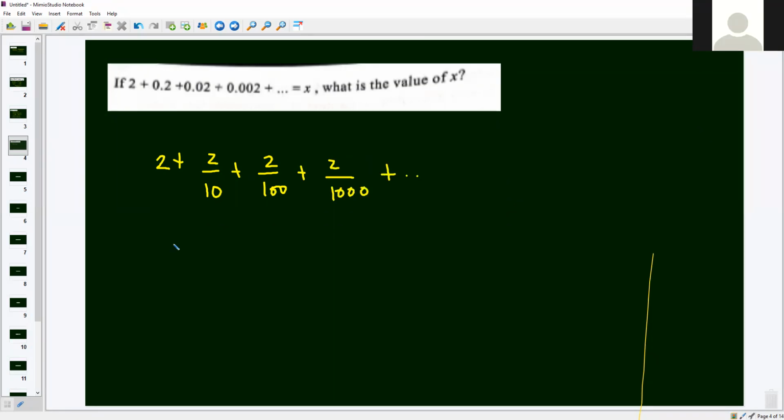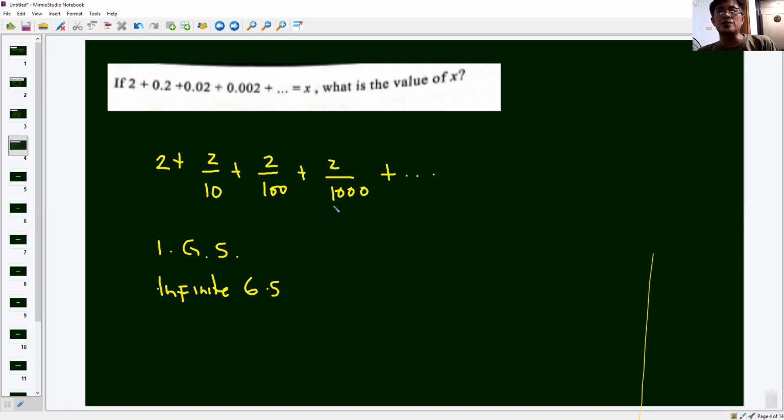You know, this is an infinite geometric series with the common ratio 1 over 10, right?